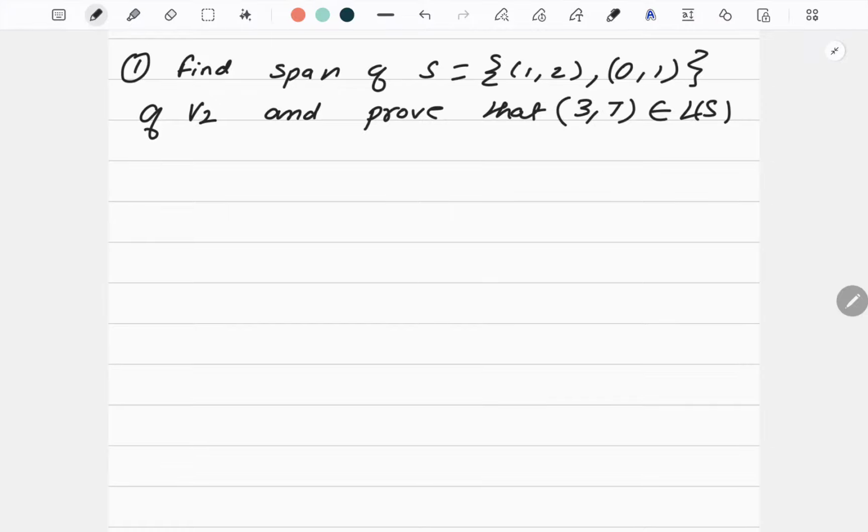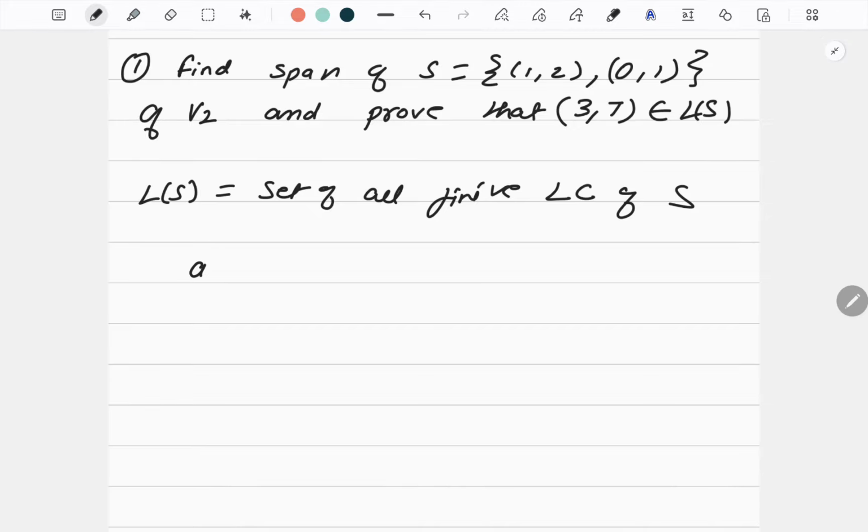So first step, you need to write down the linear combination. L(S) is basically the set of all finite linear combinations of elements of S. So how can I write it here?